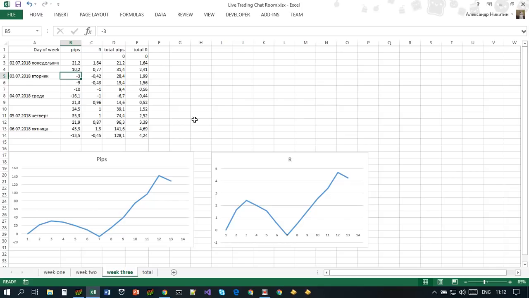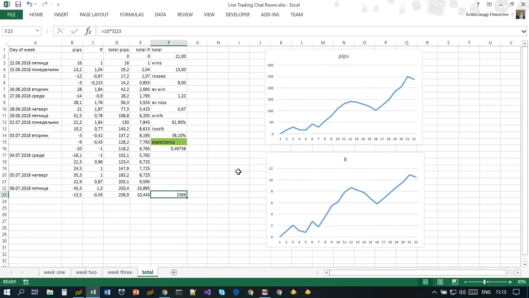But you guys know that in the long run the strategy will recover all these losses and bring you profits. So we had 140 and we had a drawdown to 100, so we lost 40 pips.